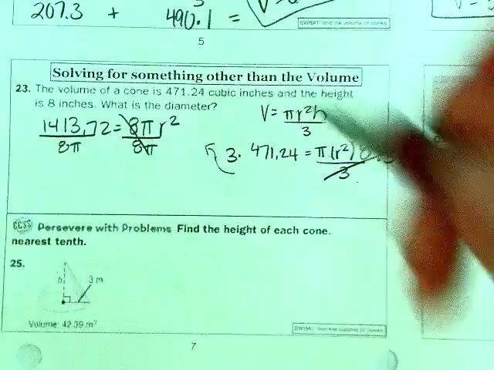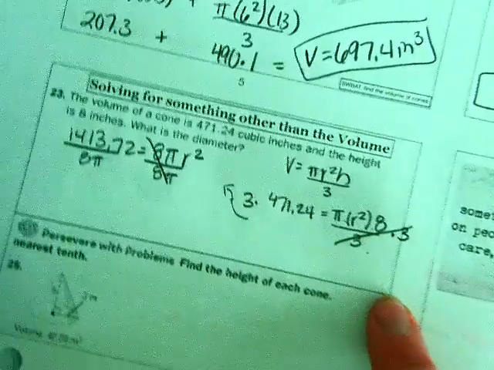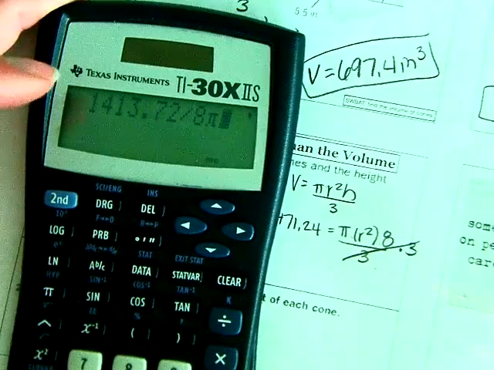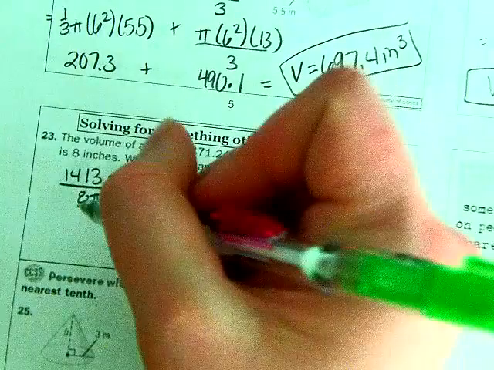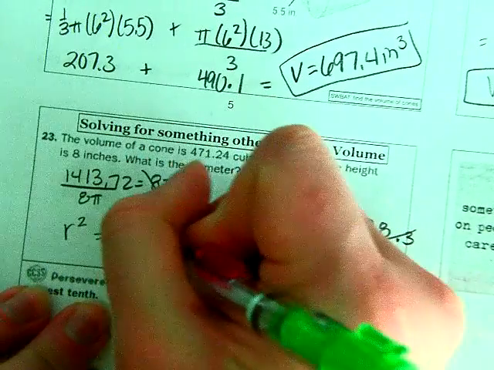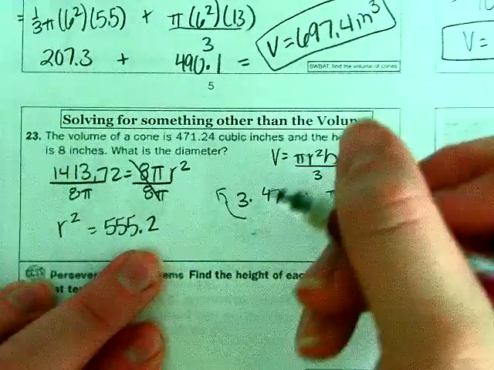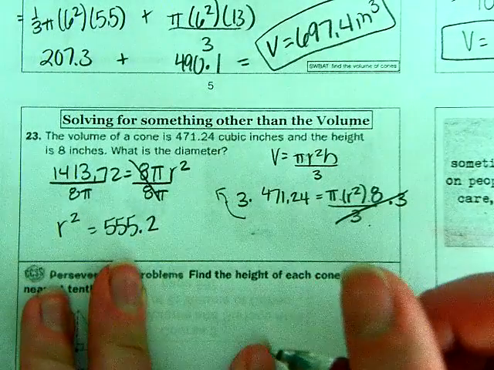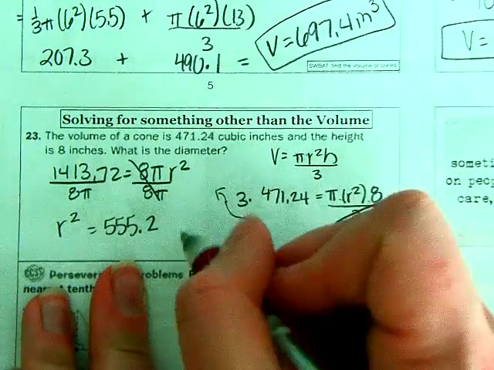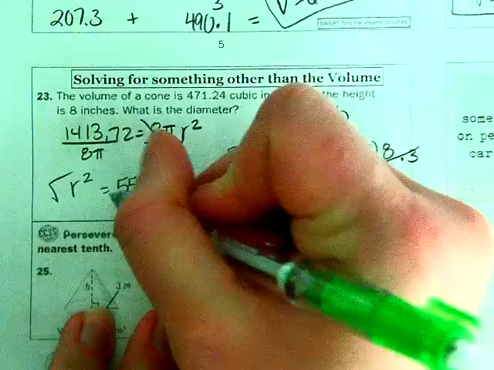So they'll go over here. So what I'm going to do is take 1413.72 divided by 8 pi. And I get 555.2. So the radius squared is equal to 555.2. Now we're at radius squared. So now we have to get the radius by itself, so undo it, so square root.